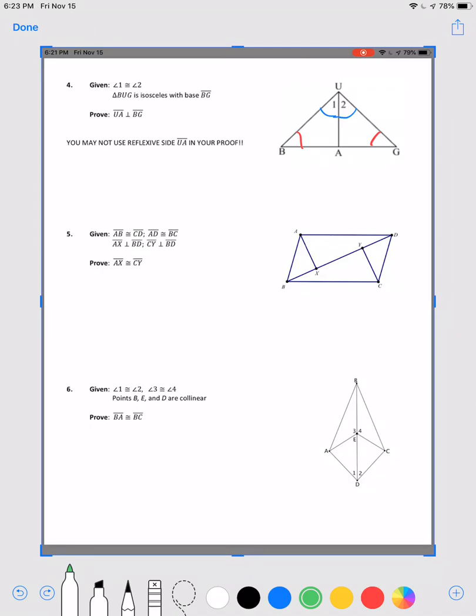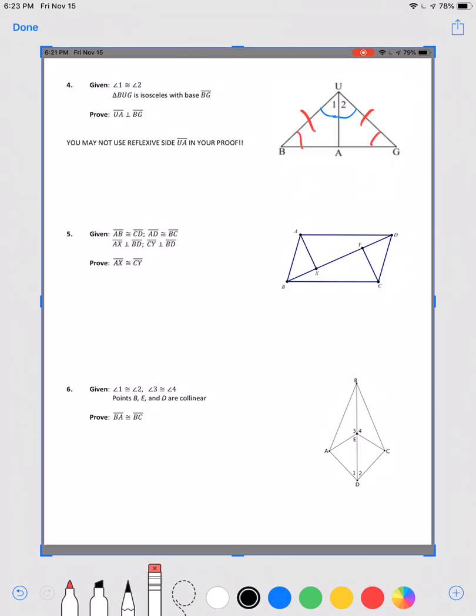Well, since the triangle BUG is isosceles, not only are these 2 angles congruent, but these 2 sides have to be congruent too, this one and this one, because isosceles triangles have 2 sides congruent.